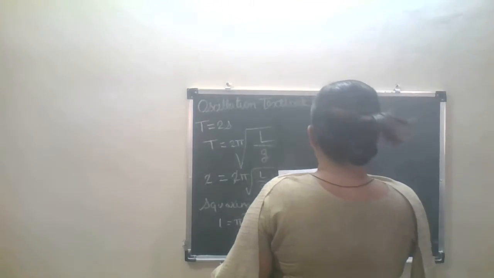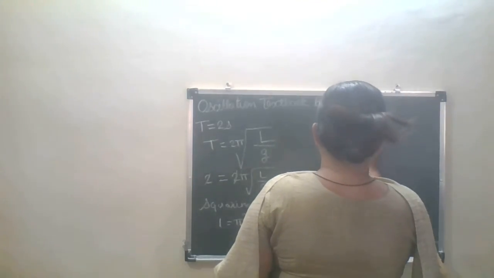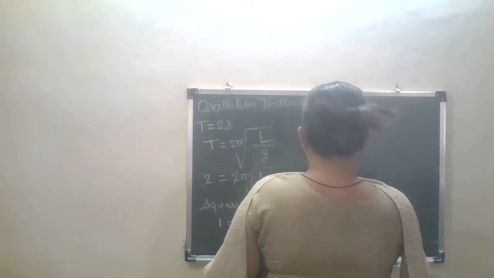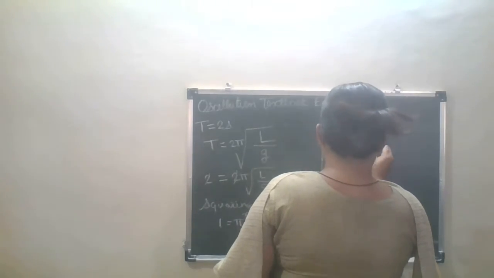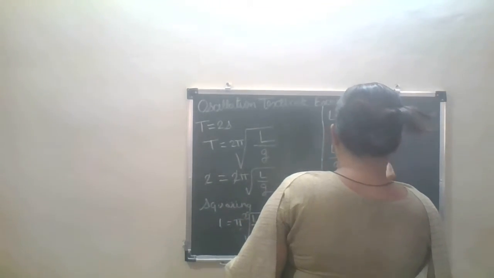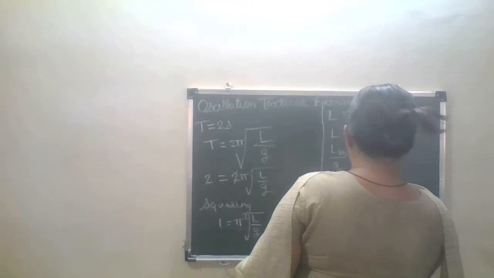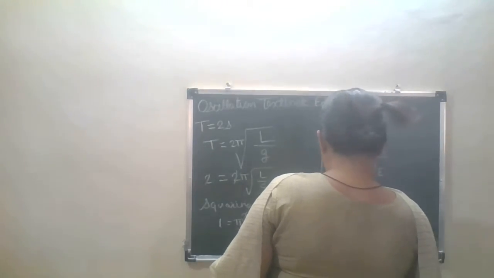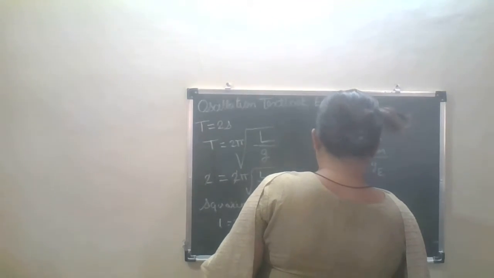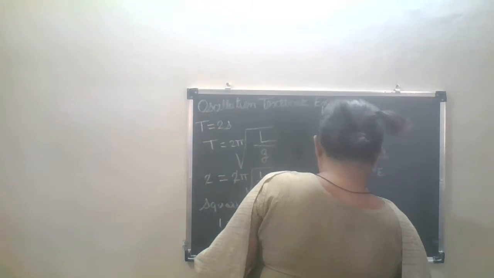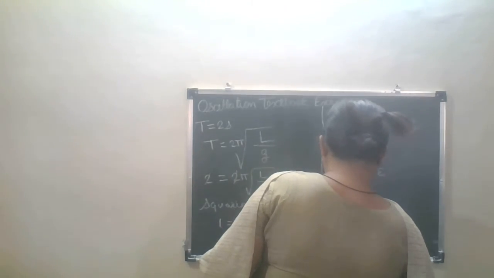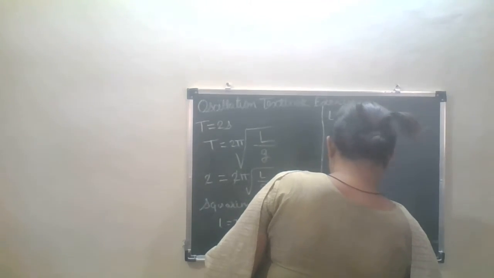And L is directly proportional to g. So L of m upon g of m is equal to L of m upon L of e equals g of m upon g of e. So L of m upon 1 is equal to 1 upon 6. So L of m is equal to 1 upon 6 m.